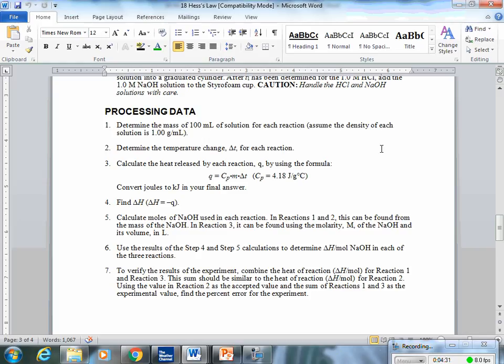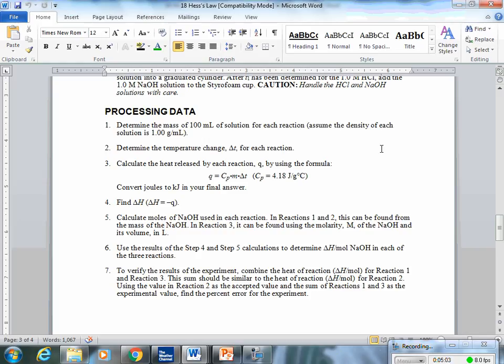If the density is 1.00 and I have 100 milliliters of the solution, I'm also going to have 100 grams, because 100 grams divided by 100 milliliters will give me 1 gram per milliliter. So when we have a density being 1.00 grams per milliliter and we have the amount of milliliters, that is the same amount that the mass in grams will be.